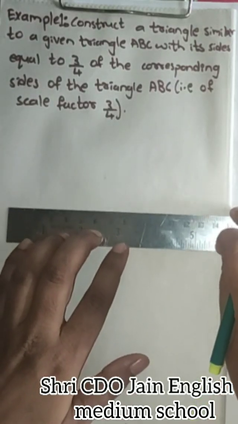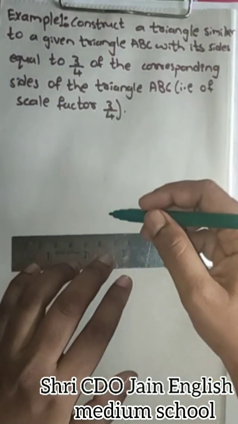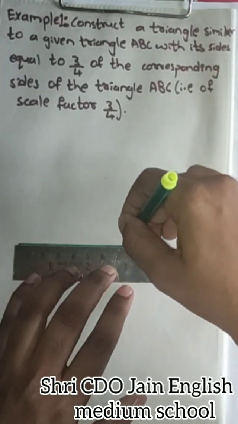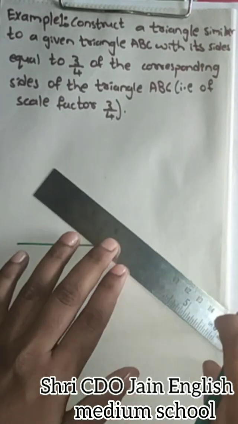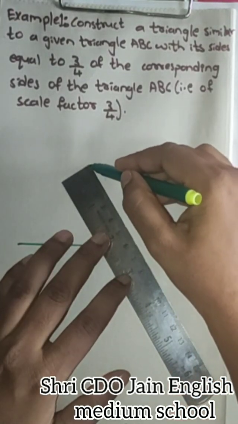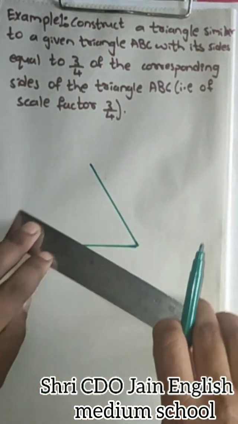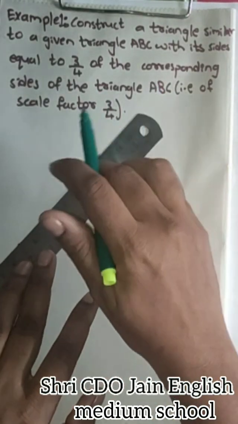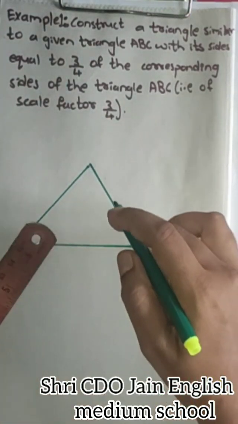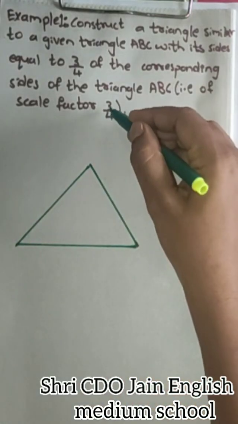See, first I will construct one triangle here. Now, for this first triangle, we should construct the similar triangle of 3 by 4.